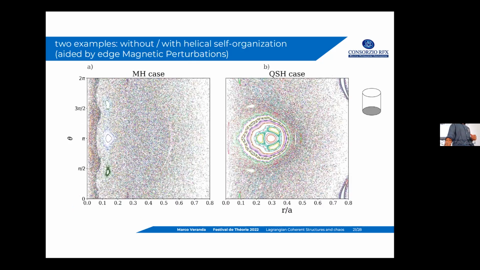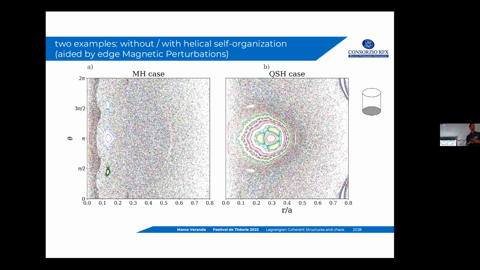In the next slide, I show you these two Poincaré plots. These are from simulations of the reverse field pinch. You have a non-helical state on the left and a quasi-helical state on the right. I don't have here a picture of the dynamics of this quasi-helical state, but it reminded me of the, how did you call them, the failed laminarization event.